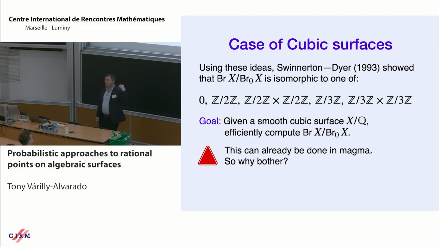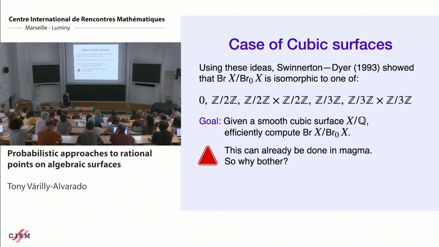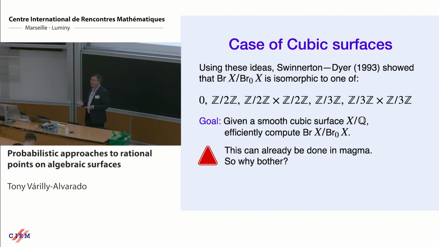I'll give a couple of more serious reasons, but let me preface this by saying that I love Magma, okay? So Magma is great. But there's a particular function called PicardGaloisModule, and you feed it a cubic polynomial, and then it gives you the Galois module structure for this Z^7. It's amazing, okay? It's not very fast sometimes. On a random cubic surface, it can take about 7 minutes.